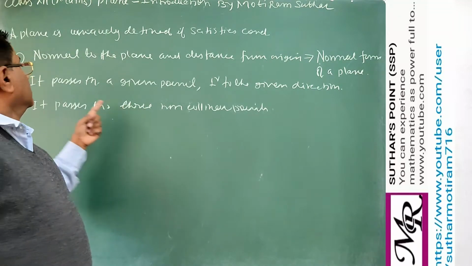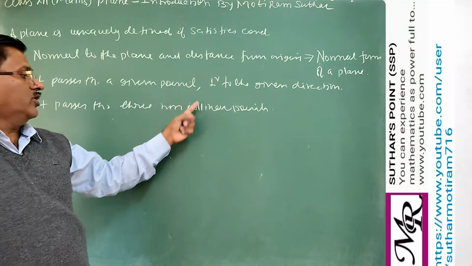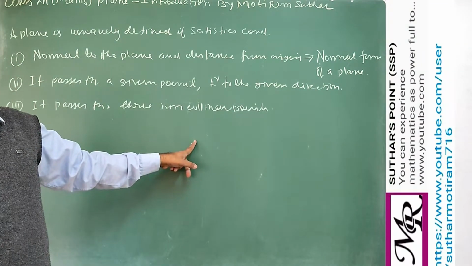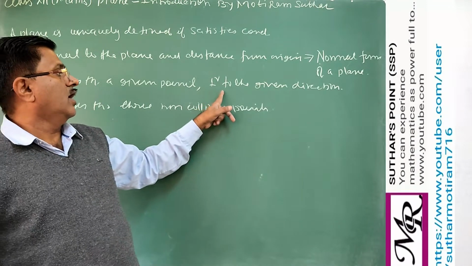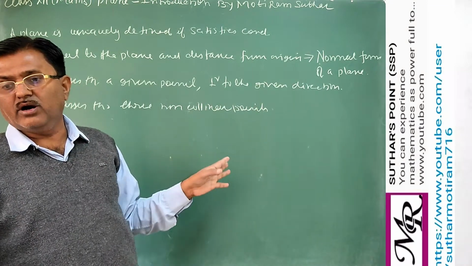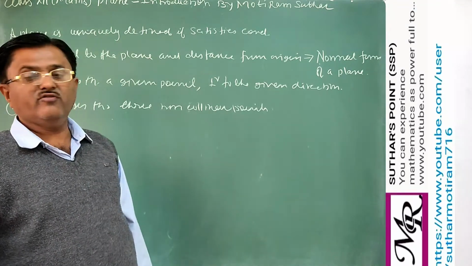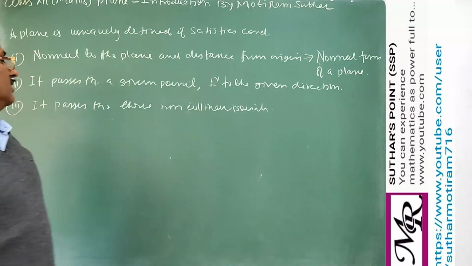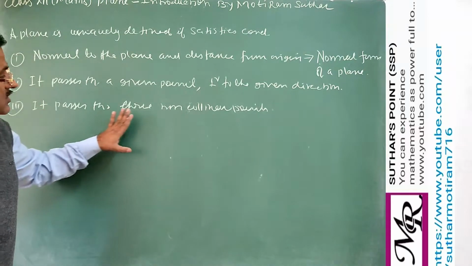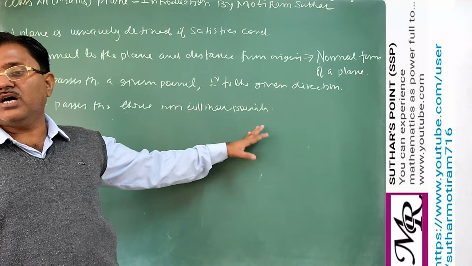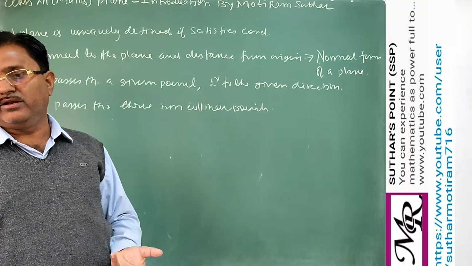Also we give the distance of this blackboard from a fixed point, which is called the origin. Two things are given. Similarly, suppose it passes through a given point P, through which this blackboard is passing, and a direction is given to which this blackboard is perpendicular. Then one can find the equation of the plane. And third, it passes through three non-collinear points, because if these are collinear, then it will be a line.